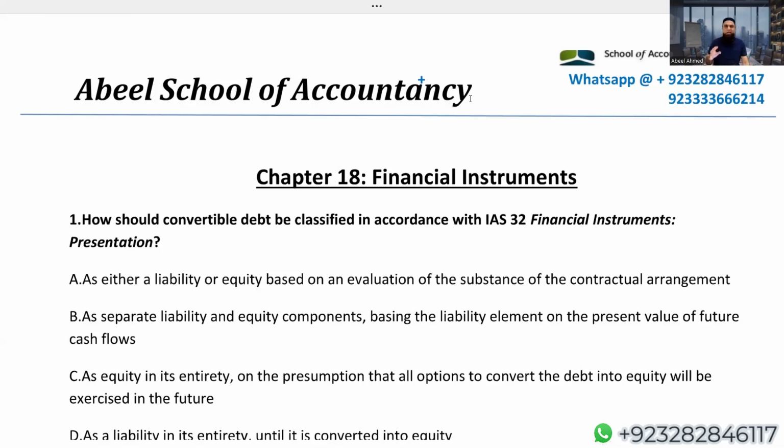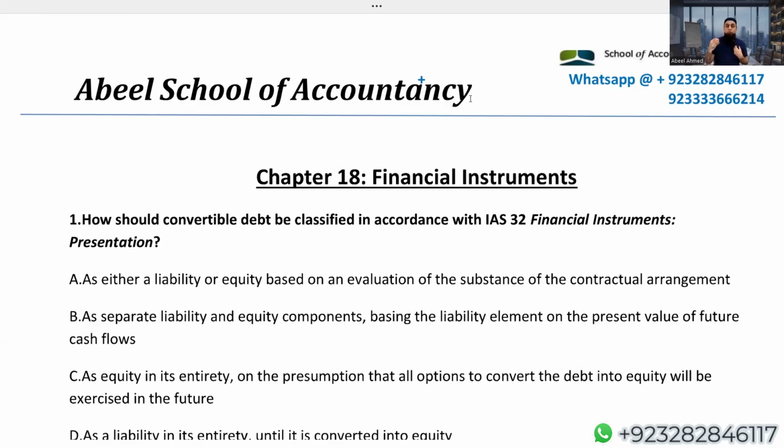IAS 32 says it is generally easy to calculate the financial liability component because financial liability is equal to the present value of all future cash flows. So in case of convertible debt, we know how much interest every year my company will be paying and what amount we'll be paying at maturity. So all we need is to calculate the present value of all future cash flows.